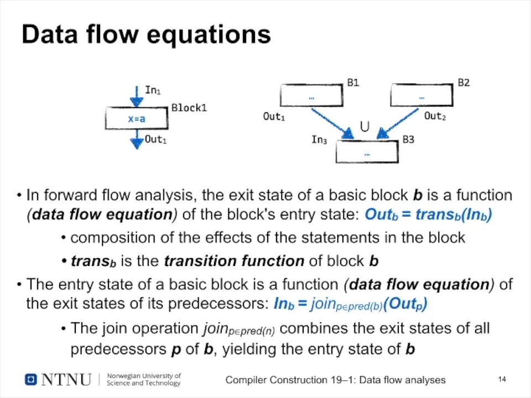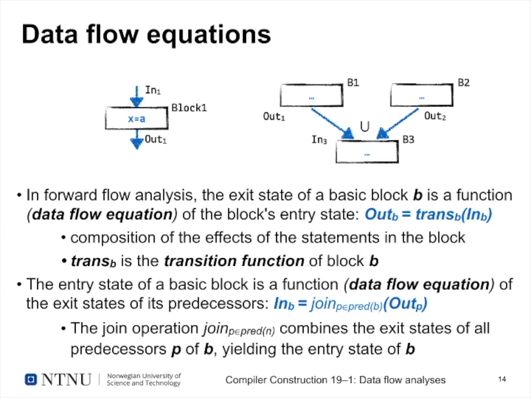Since we generally have multiple instructions in a basic block, this is actually the composition of all the effects of all the statements in the block. So we look at what's coming in, we apply all the operations inside our block to our input variables, and then calculate what's going to happen with the output variables.